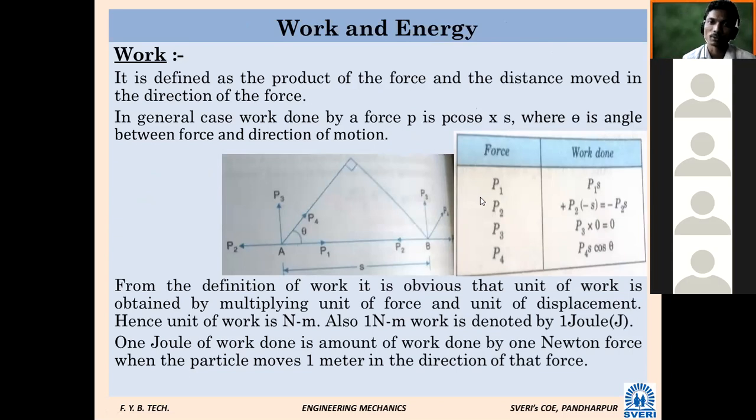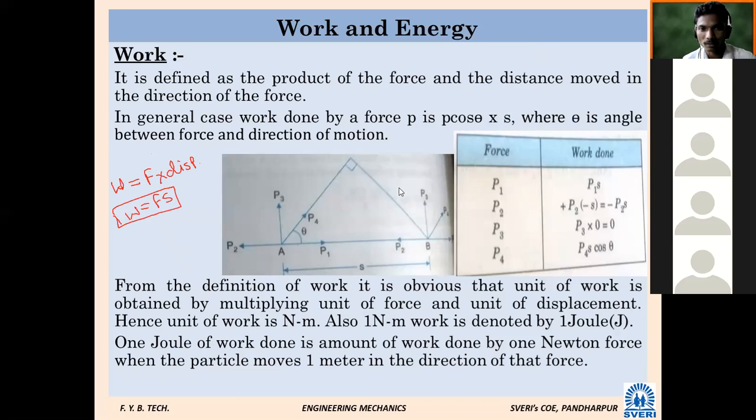You might know the formula: if W is the work done, work done is equal to force into displacement, F into d, or we say Fs. W is equal to Fs, force into displacement, that is the formula.